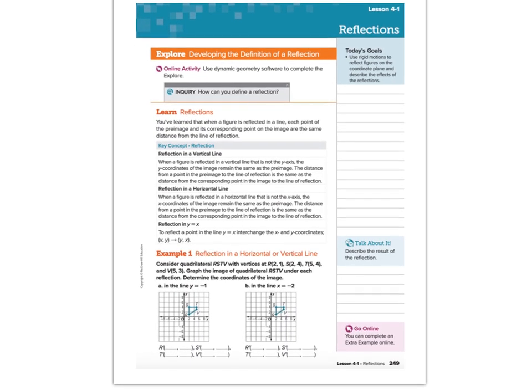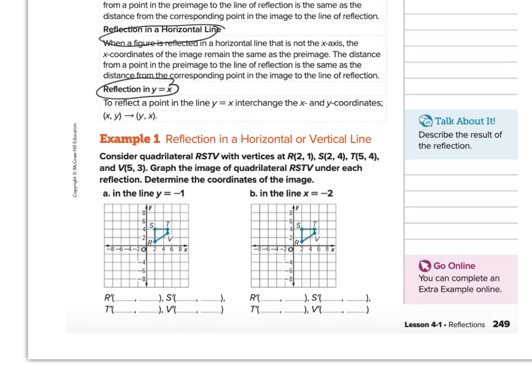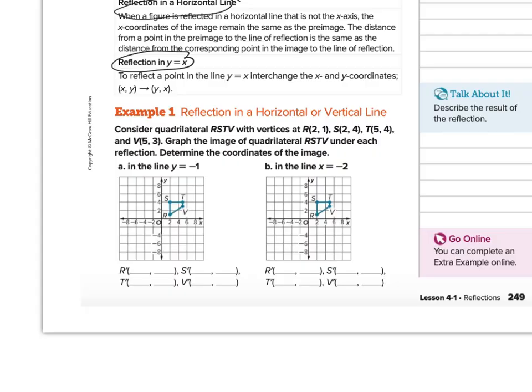And here are some of the examples. Now let's see here, vertical line, they talked about it. Reflecting over the horizontal line, they talked about it. Reflecting over y equals x, that basic line. Here they've given you some examples, and I'll have these filled out for us in class. But they're saying, hey, in the line y is negative 1, so they're just picking this point right here.